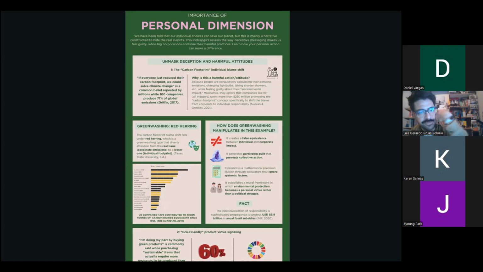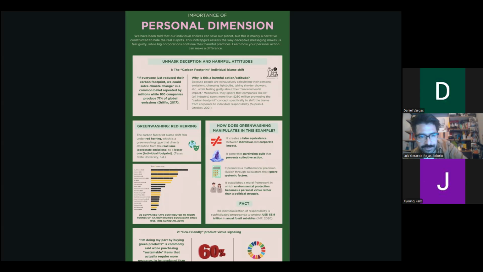It's a common belief repeated by millions, while it won't reduce 71 percent of global emissions. Why is this a harmful attitude? Because people are exhaustingly calculating their personal emissions, changing light bulbs, taking showers, while feeling guilty about their environmental impact. Meanwhile, they ignore that companies like BP spent more than 200 million promoting the carbon footprint concept, especially to shift the blame from corporate to individual responsibility.